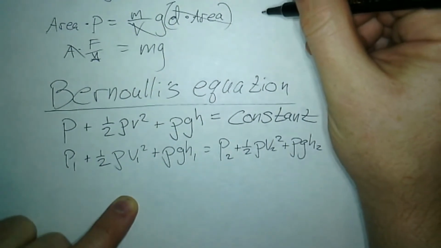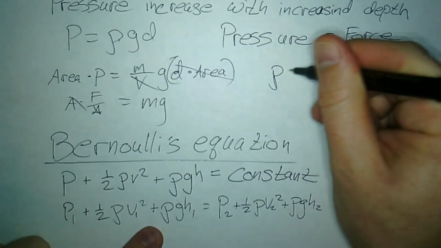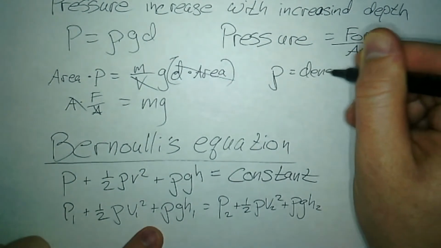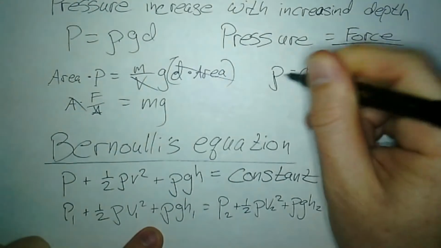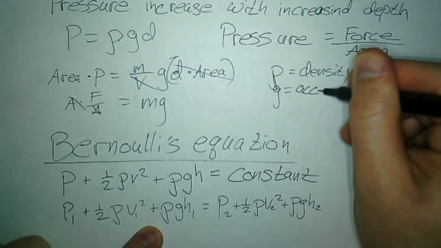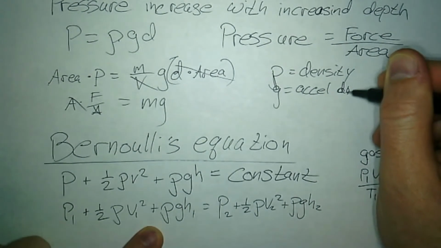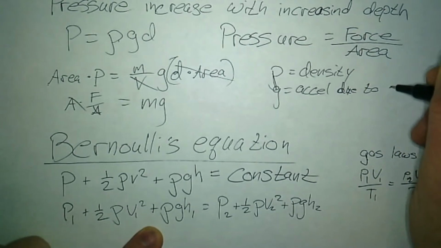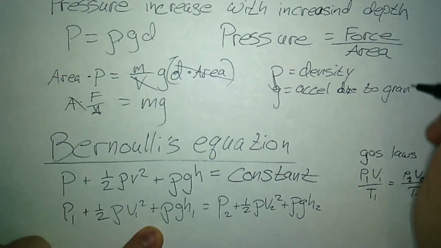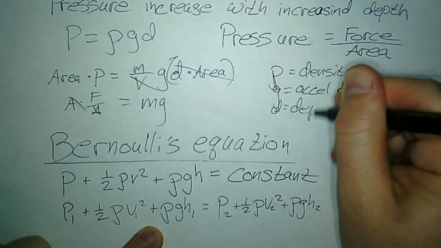Up here, we had said in this equation that rho is density, g is acceleration due to gravity, and d is depth.